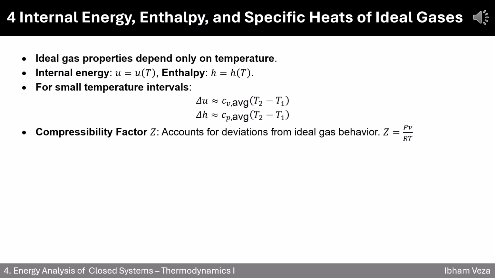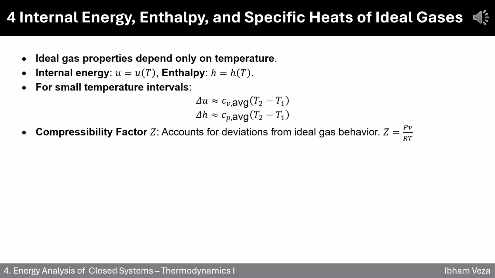For small temperature intervals, we don't need complex calculations. We can approximate changes in internal energy and enthalpy by multiplying the average specific heat by the temperature difference. Delta U is roughly C_V average times T2 minus T1, and delta H is roughly C_P average times T2 minus T1.